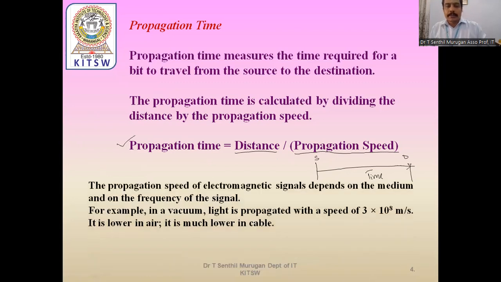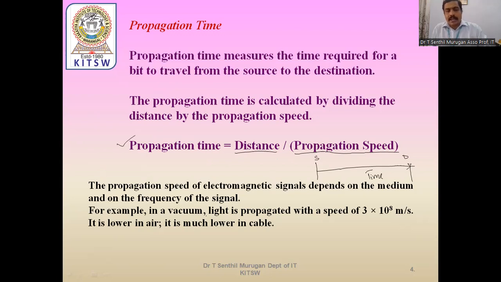The propagation speed of an electromagnetic signal depends on the medium and on the frequency of the signal. How much frequency the signal has, as well as the medium, what is the speed the signal is transmitting in the medium. So according to that, we can calculate the propagation time.